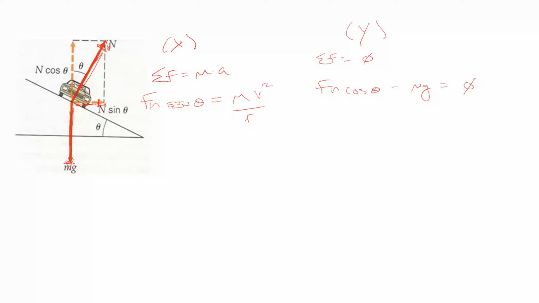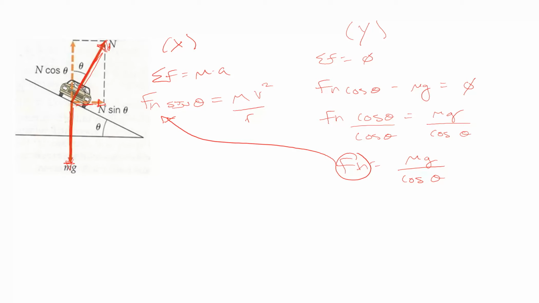So if I get mg on the other side, Fn cosine theta equals mg, and then I divide both sides by cosine theta, I wind up with the normal force is equal to mass times gravity divided by the cosine of theta. I can just insert this part of the equation over here.